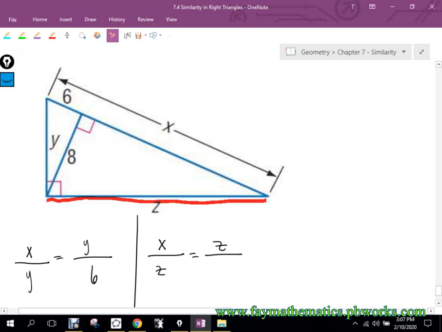Now the next part is where we occasionally run into trouble. Would you guys agree that this distance here is the part of the hypotenuse that is touching the red leg? Do you know how big that is?